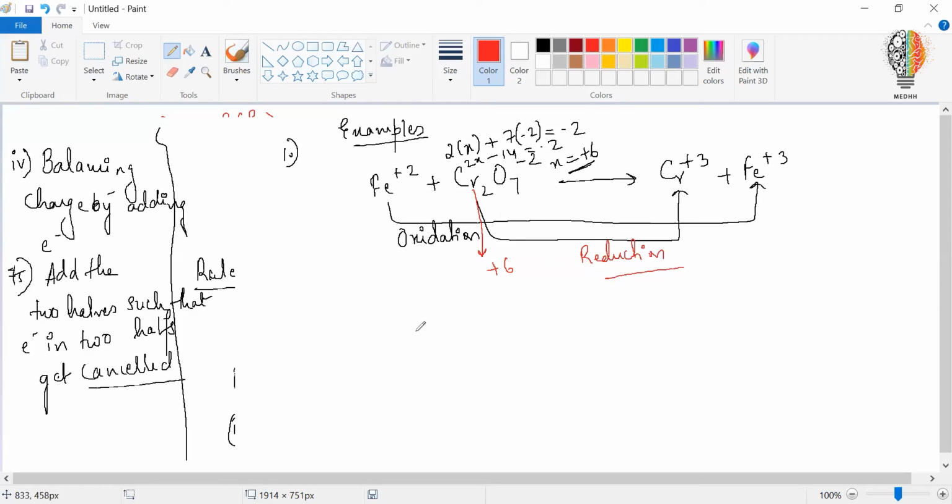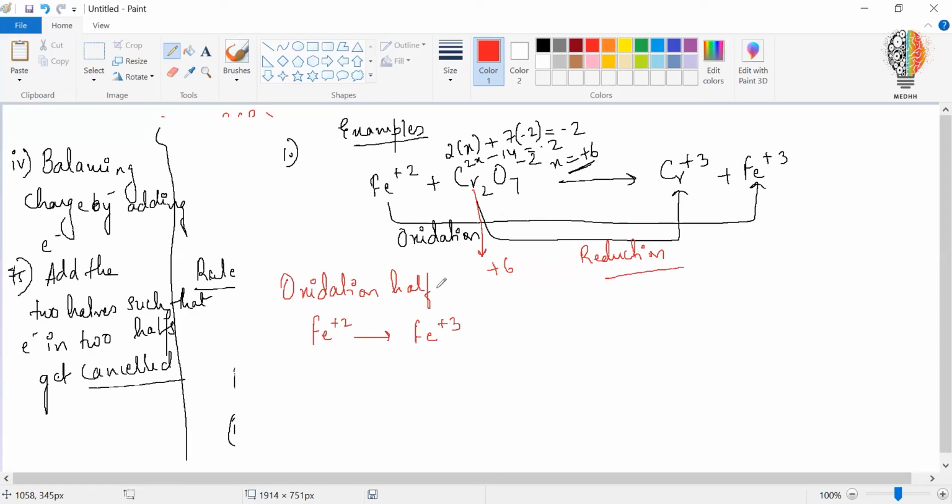Next is to break the equation into two halves. We know which one is going under oxidation and which one under reduction. Oxidation half: Fe plus 2 to Fe plus 3.